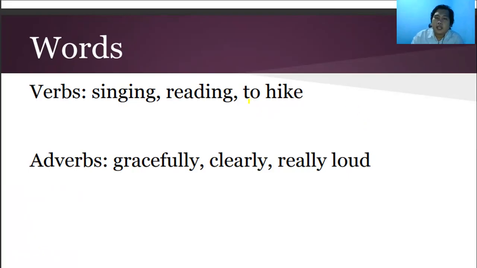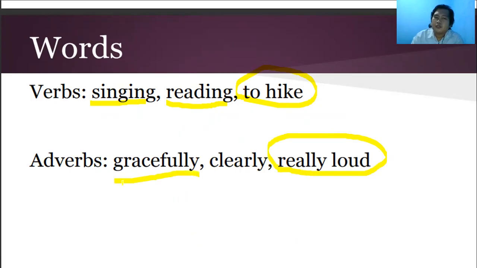We have here to hike, which is a little bit different from singing and reading. And also in adverbs, we have really loud, which is different from gracefully and clearly.